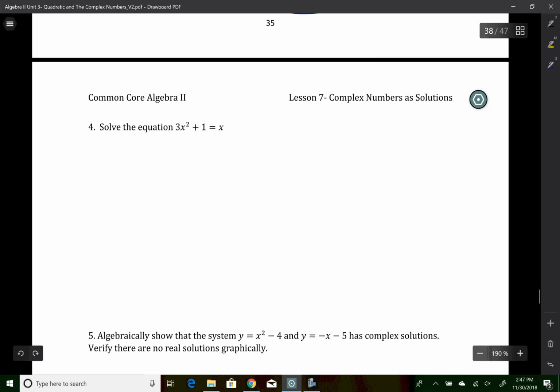Number 4, put this in the right order, get it equal to 0, we get that. So I'm going to subtract the x to the other side. Discriminant first, so I have negative 1 squared minus 4 times 3 times 1. So I have 1 minus 12, so negative 11.